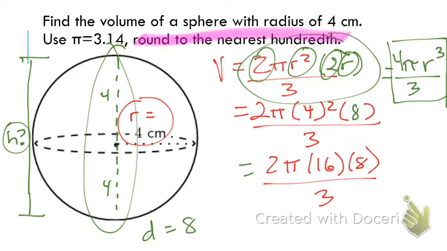We are going to multiply this and round it to the nearest hundredth. So I have 2 times pi times 16 times 8, and then that's 256 pi divided by 3.